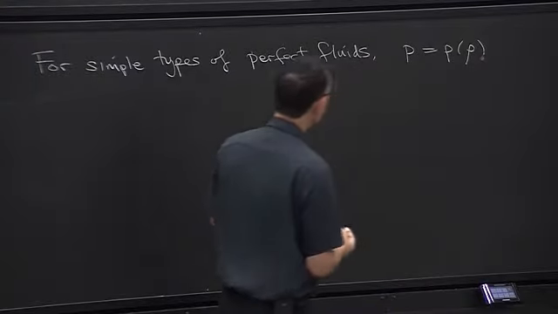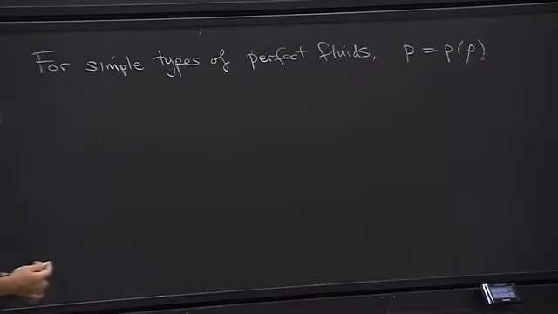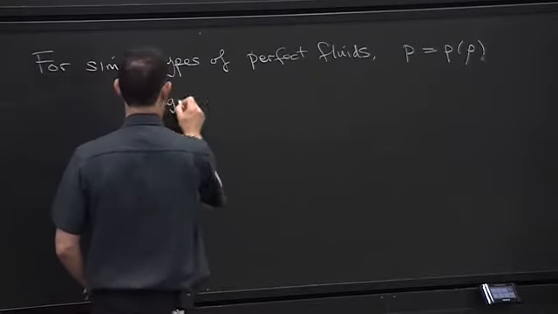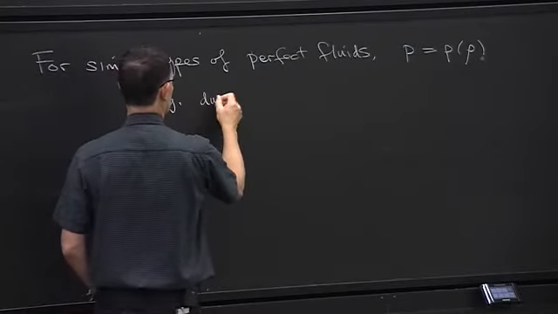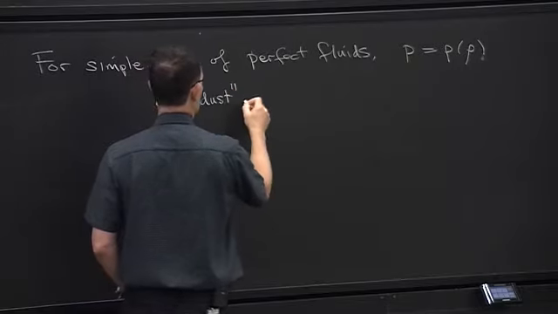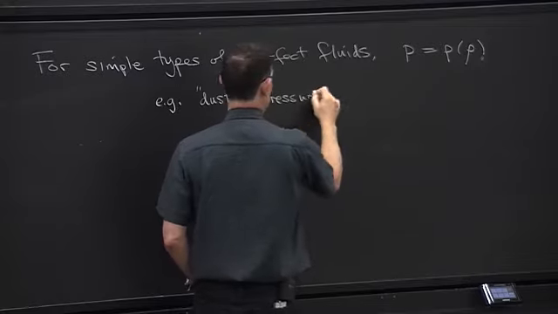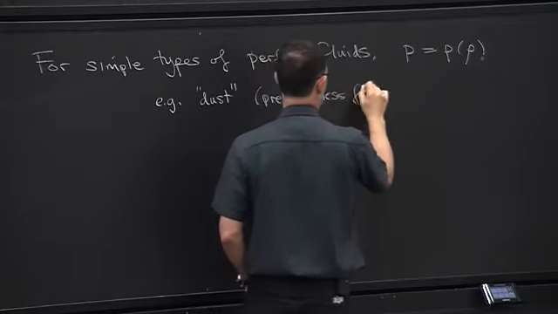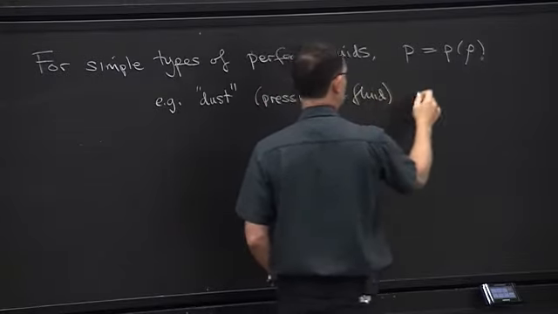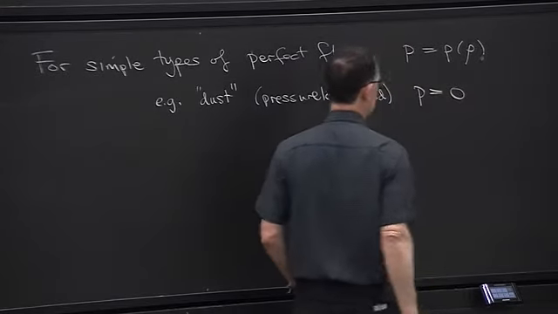So if you know the density, you can predict the pressure. For example, dust, or pressureless fluid, just has P equals 0.